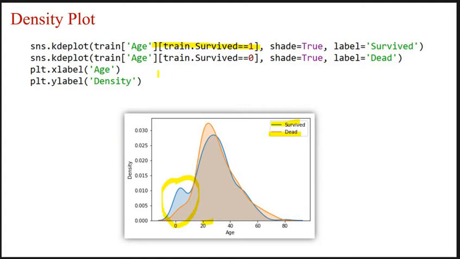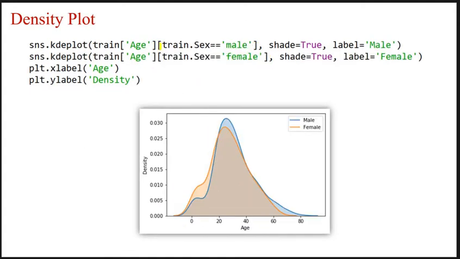Now you can also subset based on some other categorical variable, and let's say you want to subset based on sex. So now you would get two density plots, one for the male, because we're subsetting based on gender, and the orange one is for the female. Now one of the things that you can take out from this plot is that most of the children, right, were females.